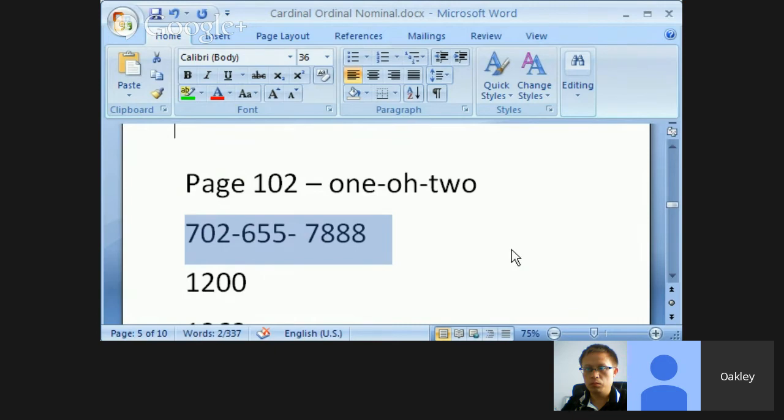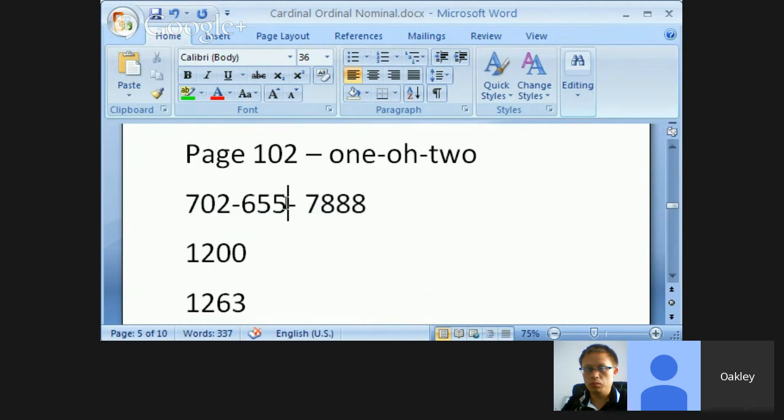If I don't hear the pattern that my brain is used to, I'd never get it. Anyway, you're going to hear different patterns, so be aware. You would never hear anybody in English say 7,888. No one will ever do that.